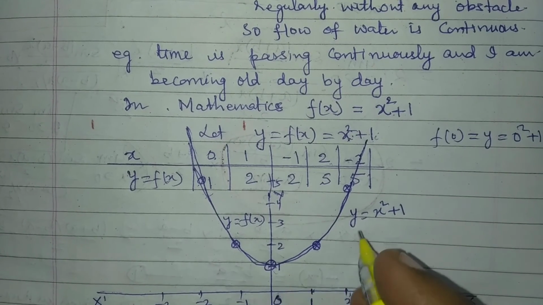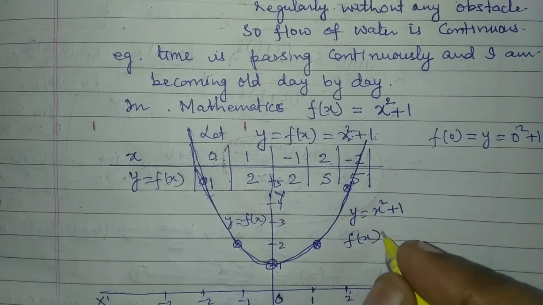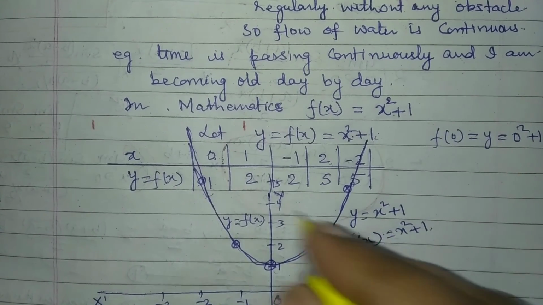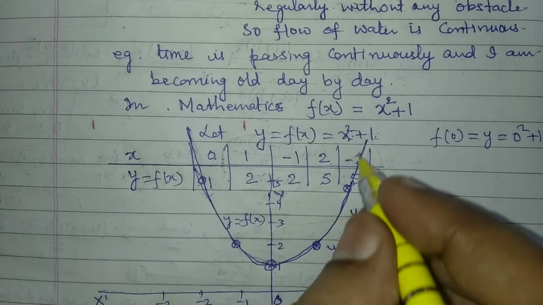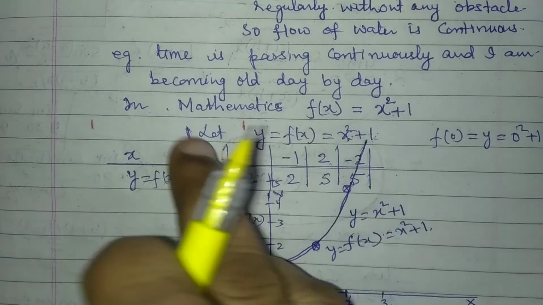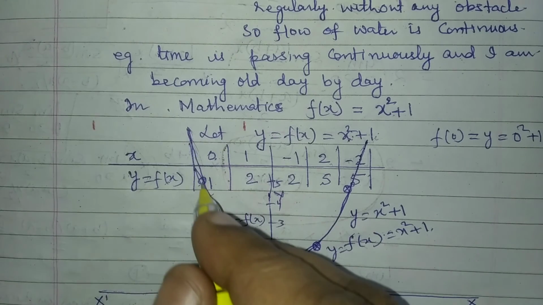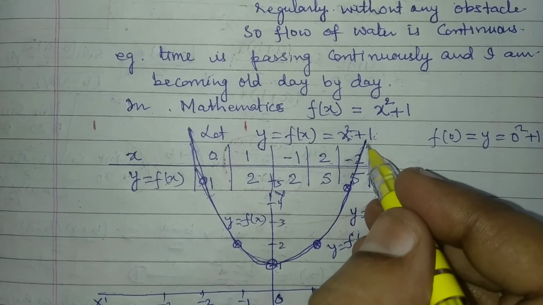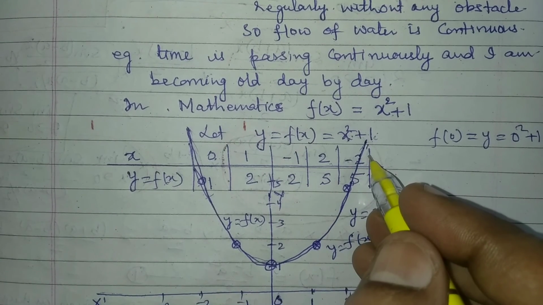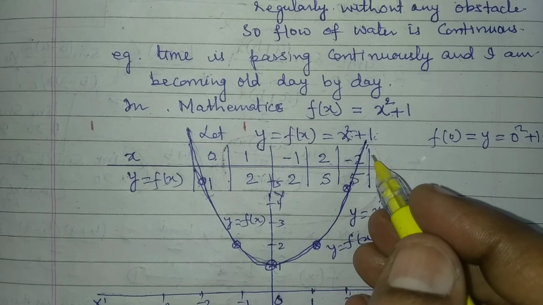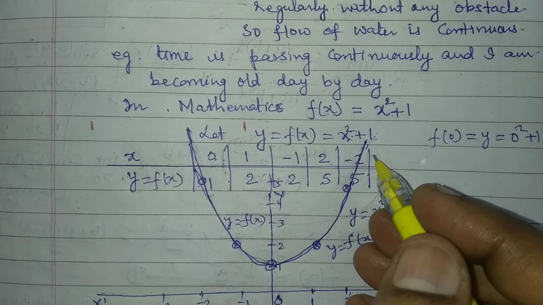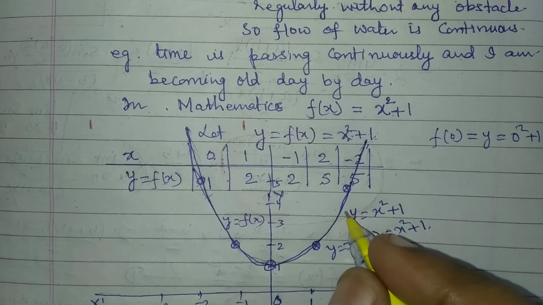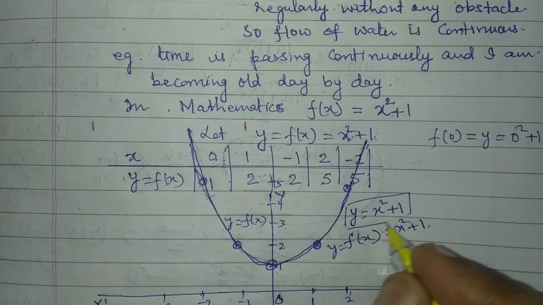So for the function f(x) is equal to x square plus 1, we can draw this parabola or curve without lifting our pencil or pen. So it is continuous. If there is a break, then it will not be continuous. So this quadratic function is continuous.